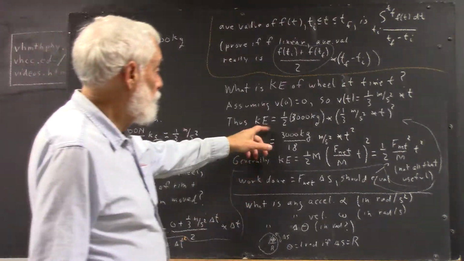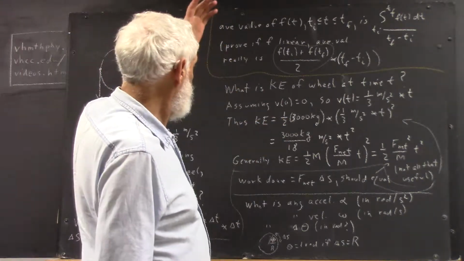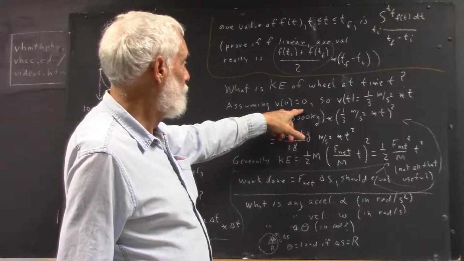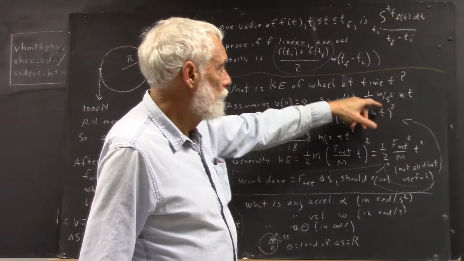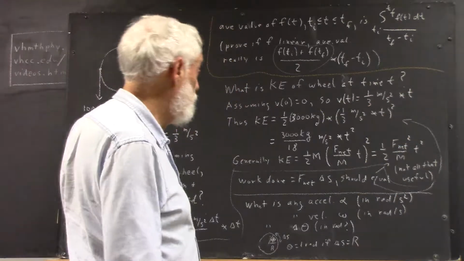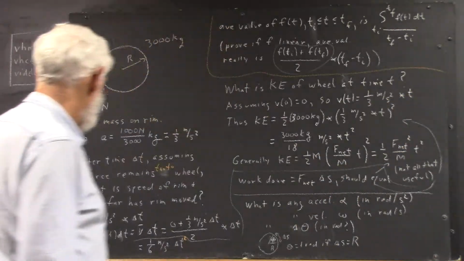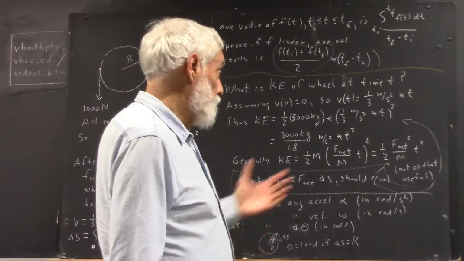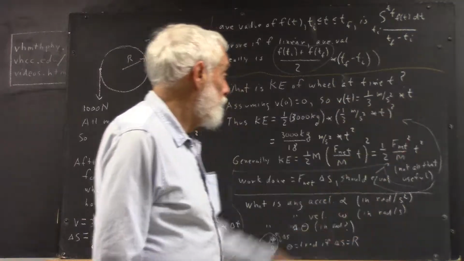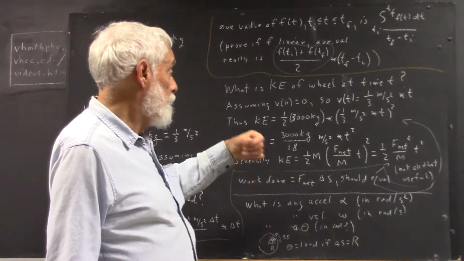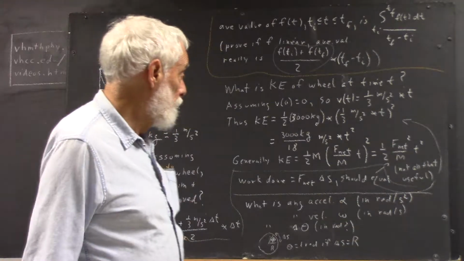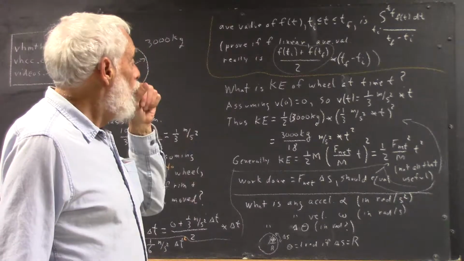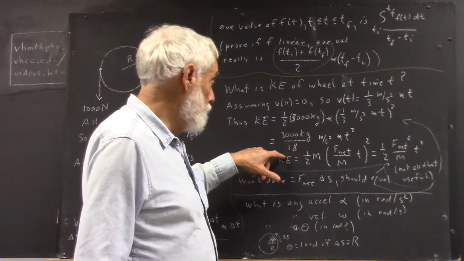If we assume the initial velocity is 0, then v of t is 1/3 meter per second squared times t. So your kinetic energy is 1/2 the 3,000 kilograms times the square of this velocity, which comes out to 3,000 kilograms over 18 times t squared.